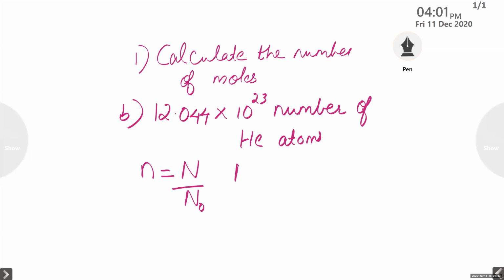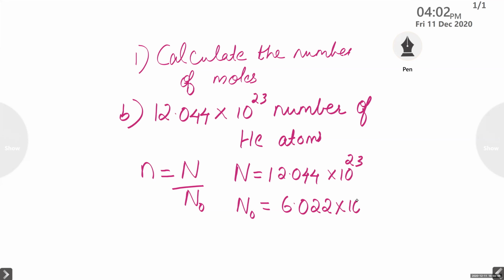Yeah, it is N. N equal to 12.044 into 10 raised to 23. Then what about N0, Avogadro number? 6.022 into 10 raised to 23, right?